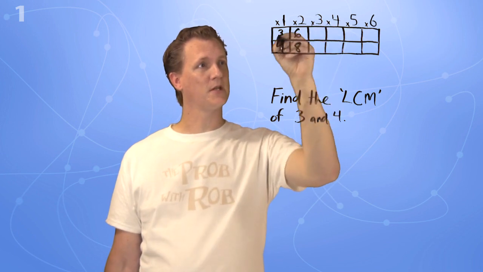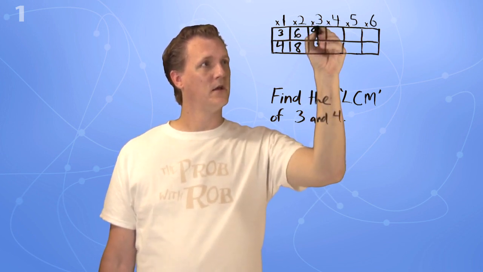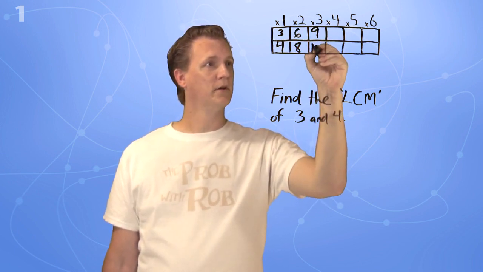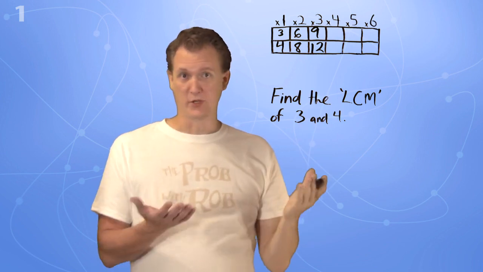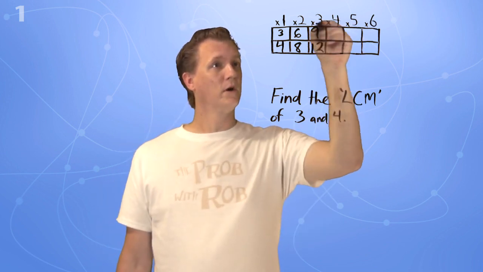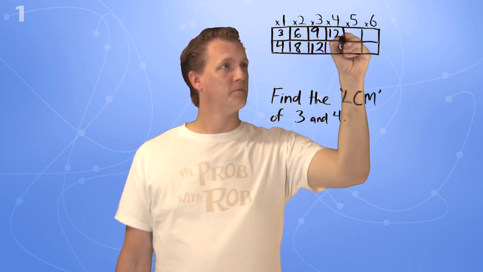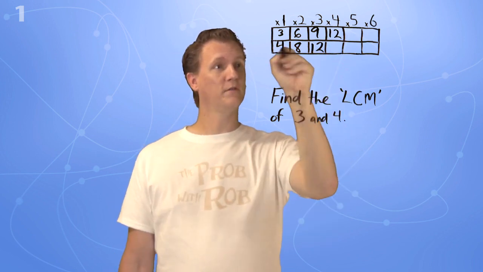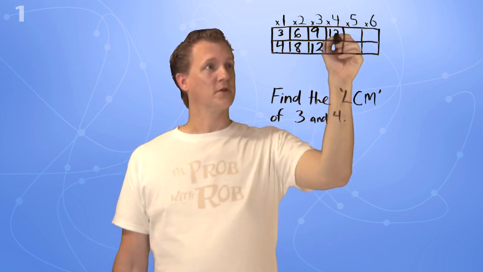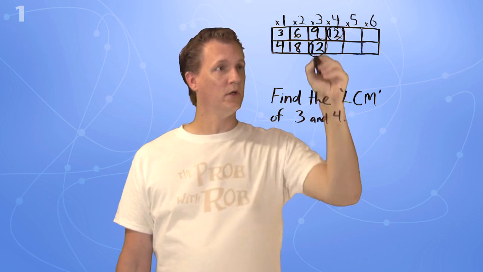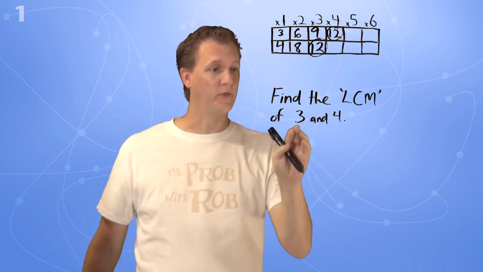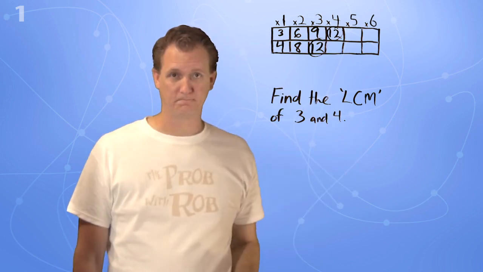So times 3. 3 times 3 is 9. 3 times 4 is 12. Still nothing in common, so we keep going. 4 times 3 is 12. And there we go, 12 and 12 in both rows. So our least common multiple for 3 and 4 is 12.